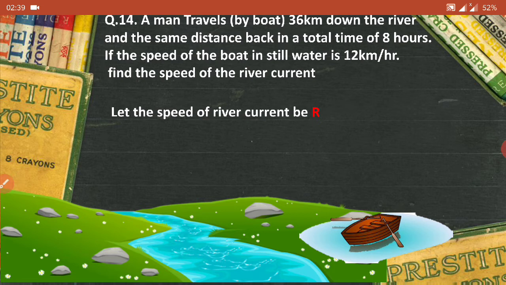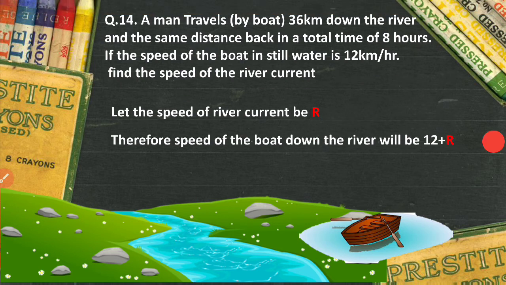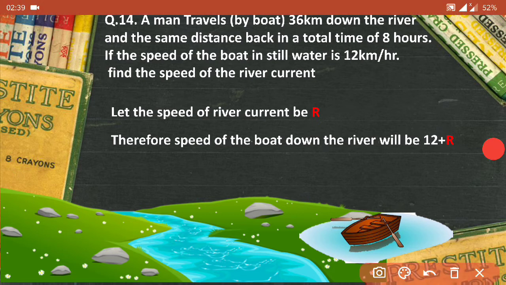After that I can say that the speed of the boat down the river will be 12 plus r, because in still water you can go at 12 kilometers per hour, but when you're going down the river, you're going with the speed of the water.